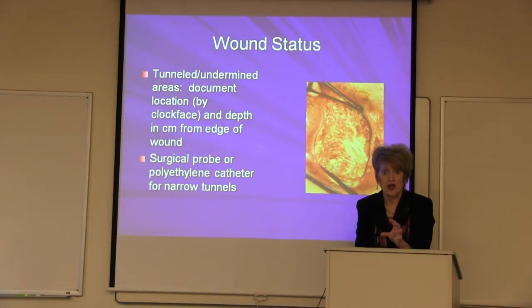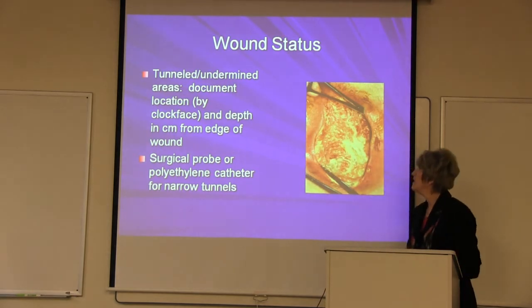So maybe at 2 o'clock it undermines to 2 centimeters, but at 5 o'clock it undermines to 6. So you would say undermining 1 o'clock to 5 o'clock, ranging from 2 centimeters at 2 o'clock to 6 centimeters at 5 o'clock. Same thing with the tunnel.